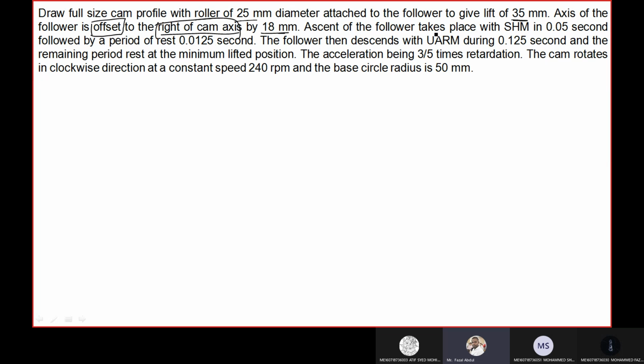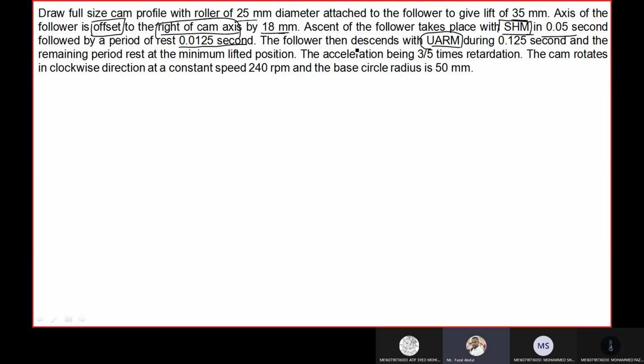Ascent of the follower takes place with simple harmonic motion in 0.05 seconds, followed by a period of rest of 0.125 seconds. The follower then descends with the uniform acceleration and retardation motion.